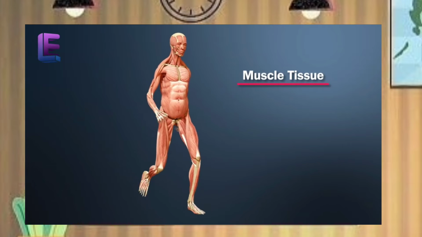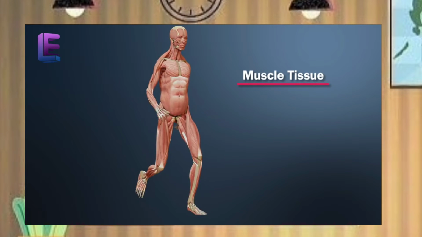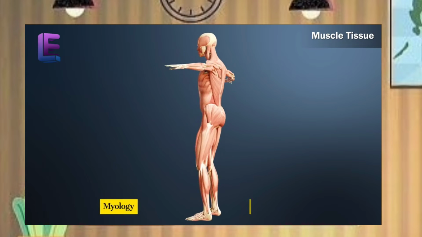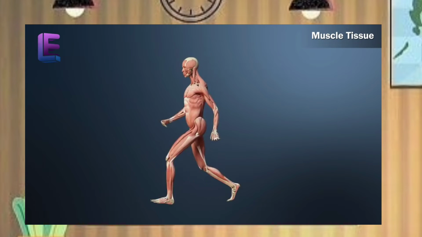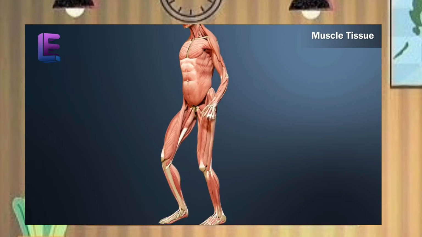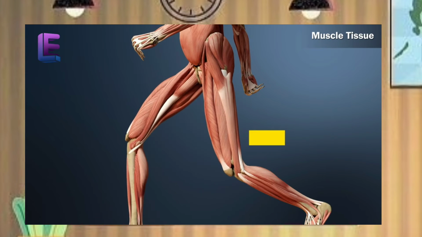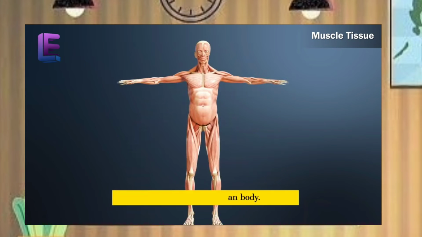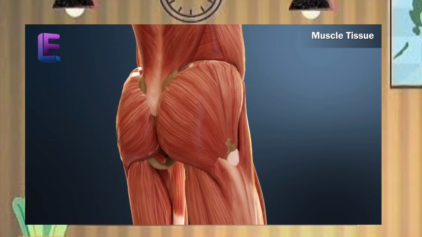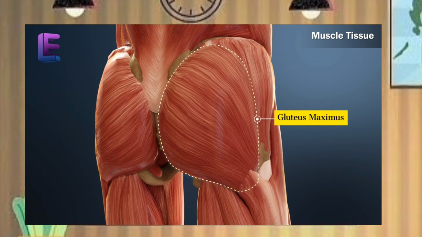Muscle tissue. The study of muscles is called myology or sarcology. The study of muscle movements is kinesiology. Muscles are the structures that help in the movement of bones. There are 639 muscles in the human body. Gluteus maximus is the largest muscle.